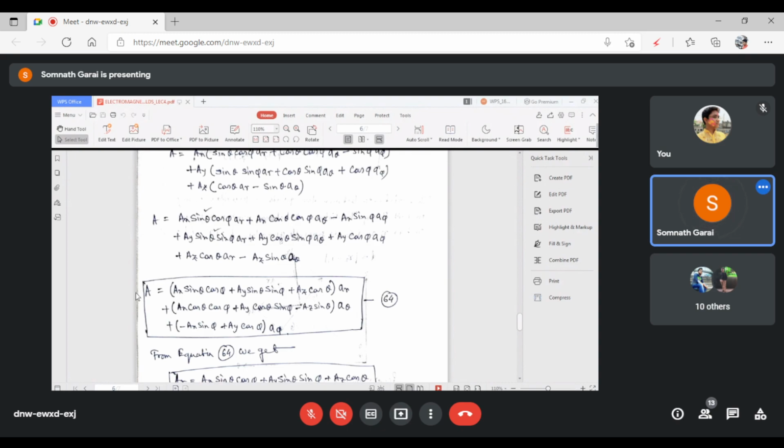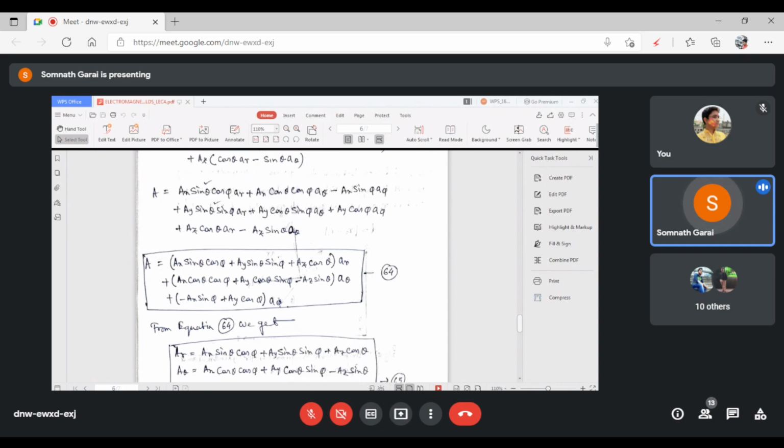So A is equal to (ax sin theta cos phi plus ay sin theta sin phi plus az cos theta) into ar, plus (ax cos theta cos phi plus ay cos theta sin phi minus az sin theta) into a theta, and plus (minus ax sin phi plus ay cos phi) into a phi.